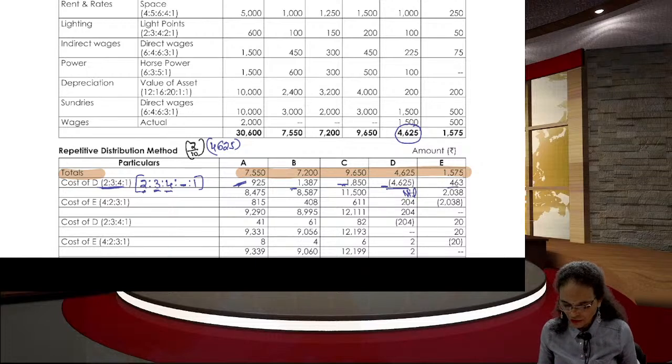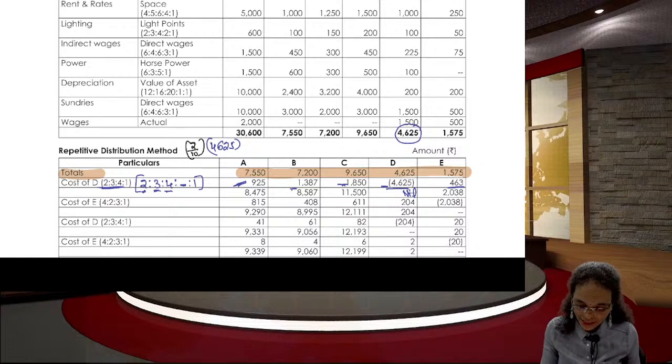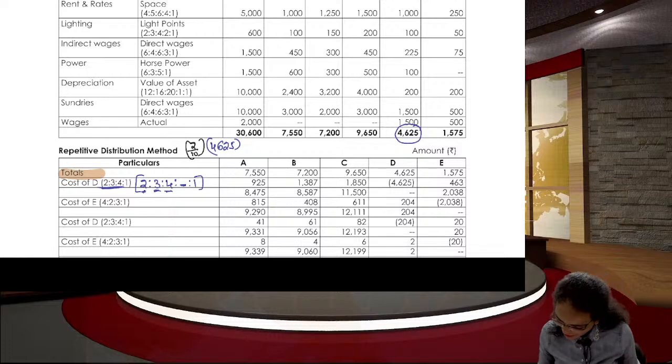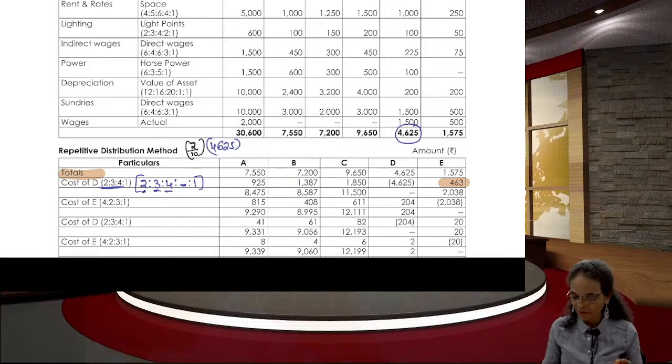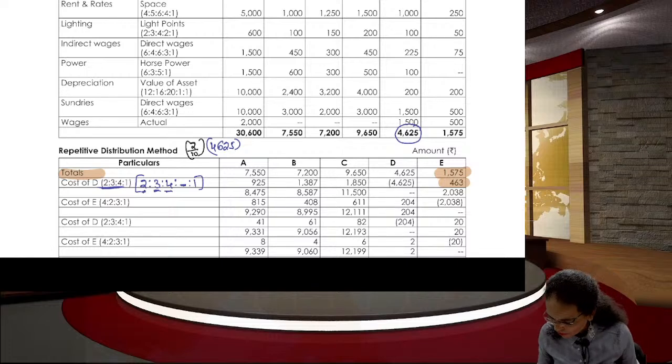Next, this one you have allocated, so now you cannot directly take it here. Once again I will tell you. The expenditure of service department E has something added from D. So you add these two: 1,575 plus 463 is nothing but 2,038.